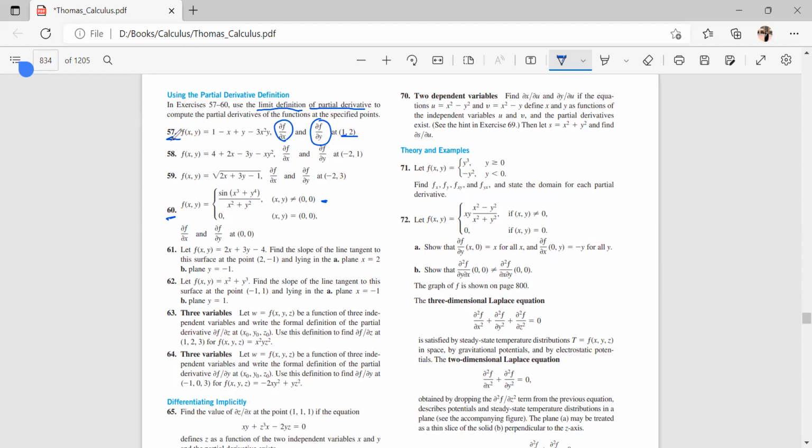First of all, I will tell you the limit definition. Partial f by partial x is equal to the limit as h approaches 0 of f of (x plus h, y) minus f of (x, y), divided by h.